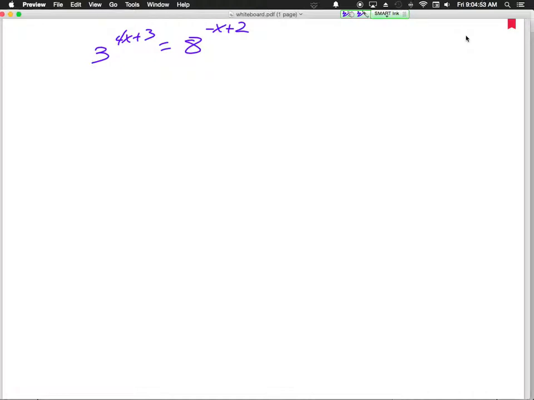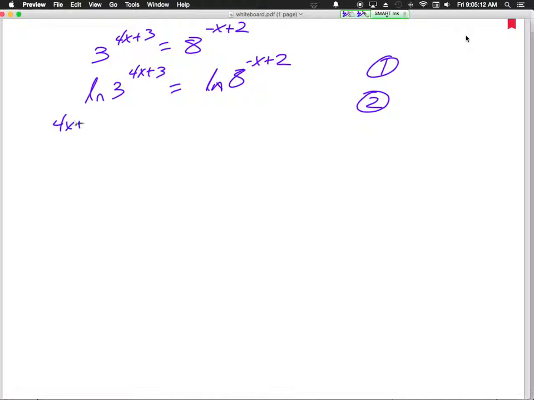So step 1 is natural log of both sides. So natural log of 3 to the 4x plus 3 equals natural log of 8 to the negative x plus 2. What's step 2? Move the exponents.